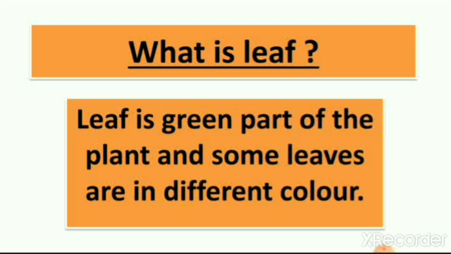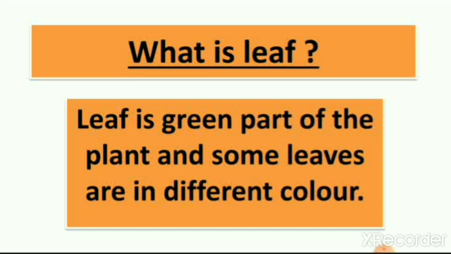We will see the pictures of leaf of different color at the last of this session. So what is leaf? Leaf is a green part of the plant and some leaves are in different colors which we will see at the last of this session.